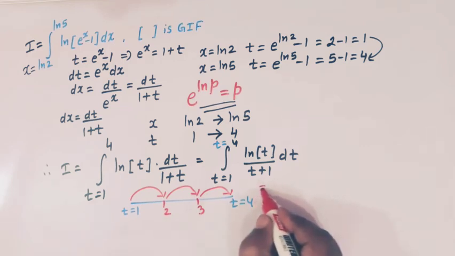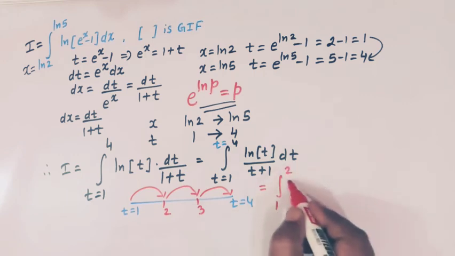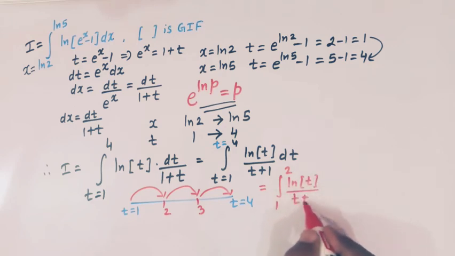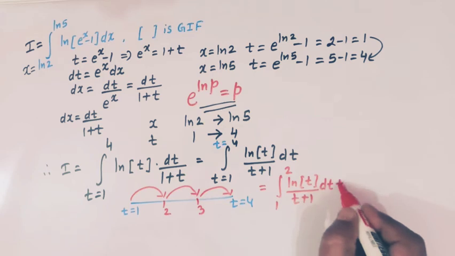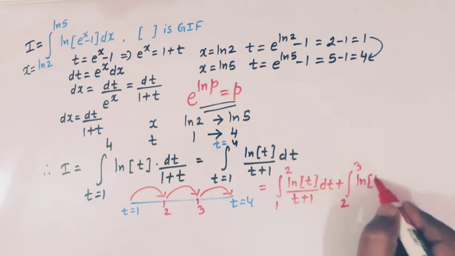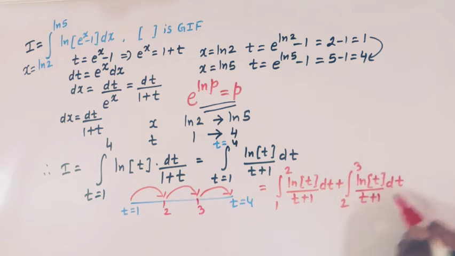So we can write it as the integral from 1 to 2 of log of greatest integer t over t plus 1 dt, then from 2 to 3 of log of greatest integer t over t plus 1 dt, plus from 3 to 4 of log of greatest integer t over t plus 1 dt.